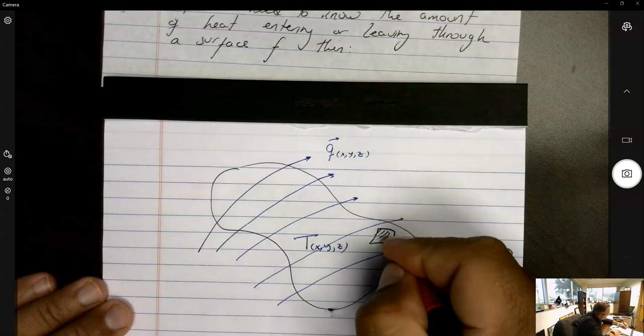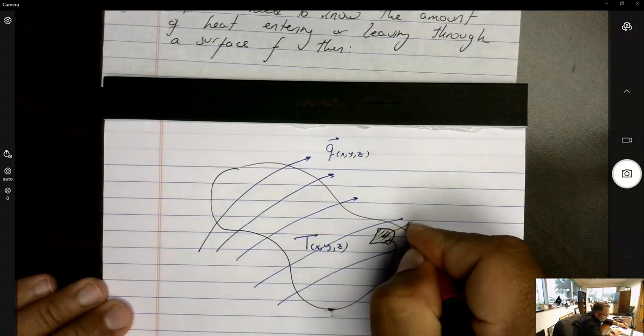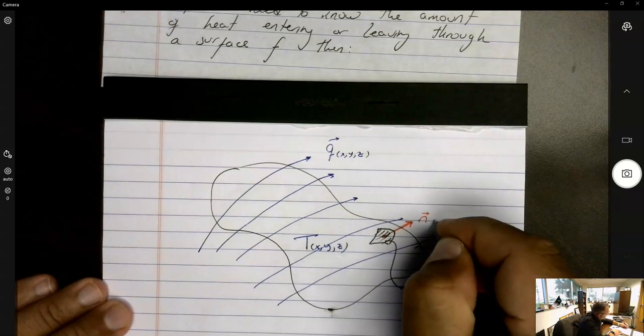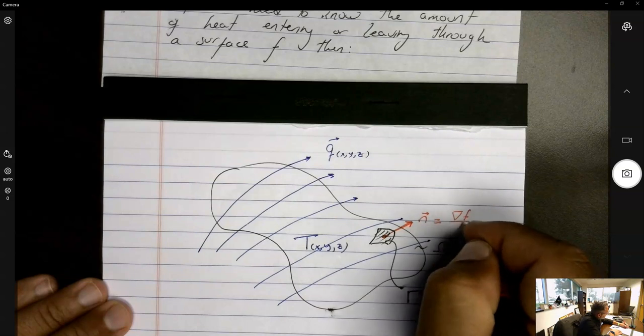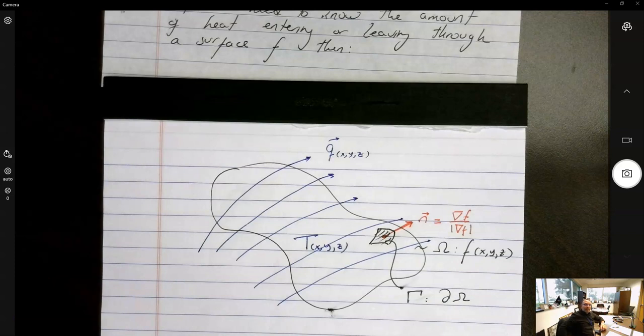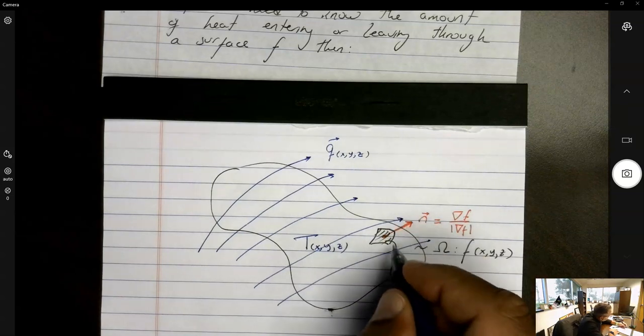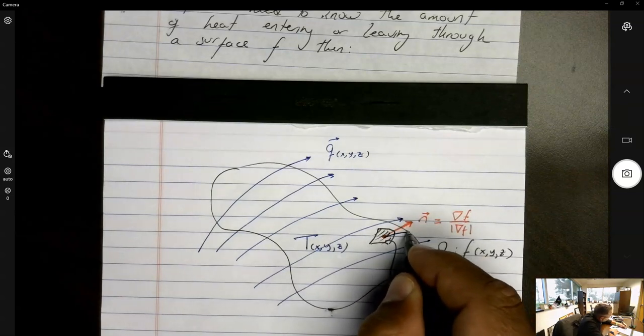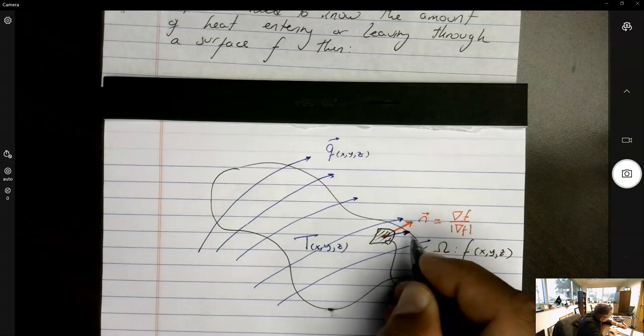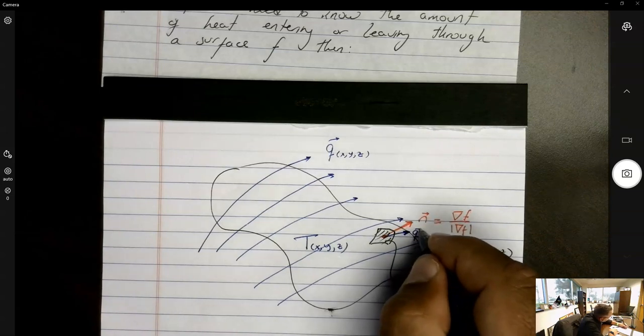There is a normal vector n. Remember that it's defined by grad f divided by the magnitude of grad f, where f defines the surface, right? And the heat flux at that particular point, if you take these blue lines here that define the heat flux, one of them might be actually pointing like this, q, at that particular point.